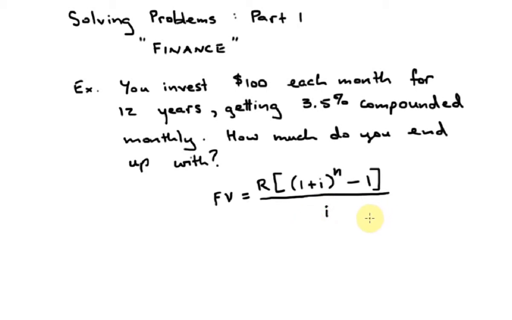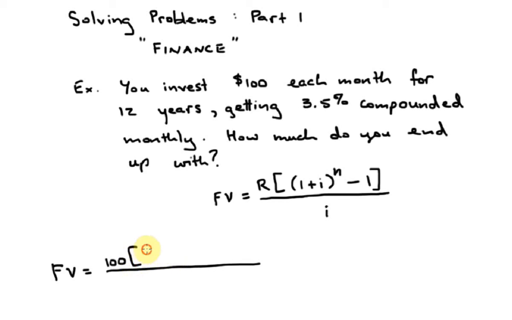Okay, so how would I set that up for this particular problem? Well, in this case, we're looking for the future value, so it's not too bad. It's just really, really messy setting everything up. So I guess the easy part of it is probably R, because that's just going to be $100, right? That's what your regular investment amount is.